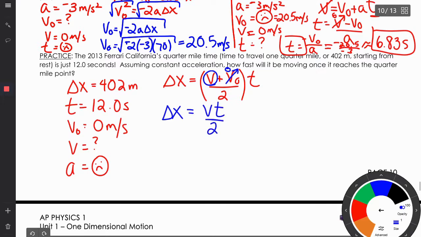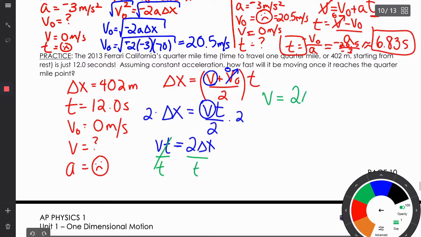The first step, multiply by 2, so we get vt equals 2 delta x. Then we divide this by t, and it gives us a final velocity of 2 delta x over t. If you had left that initial velocity in, you would have another step of subtracting v0 out. But for us, this is just 0, so we don't have to worry about it.